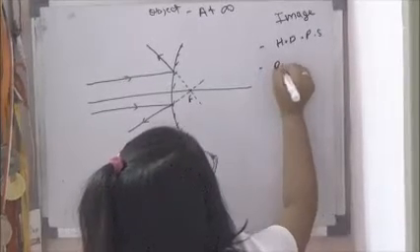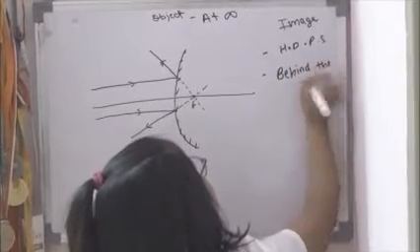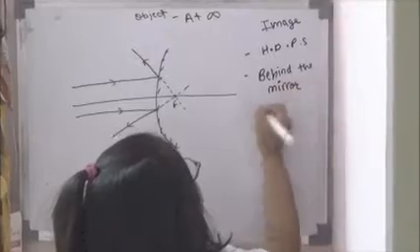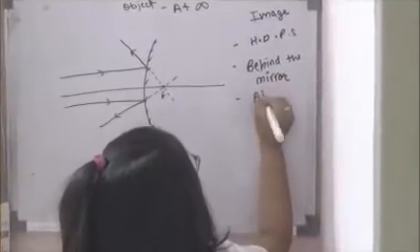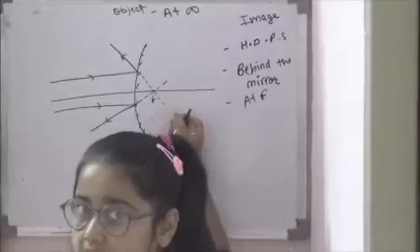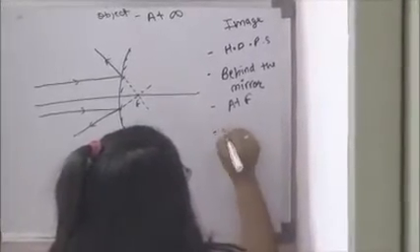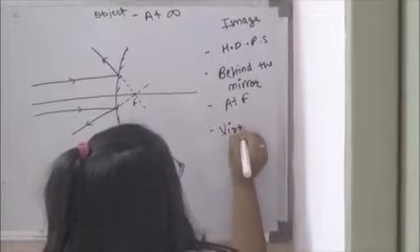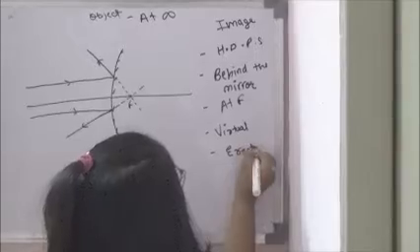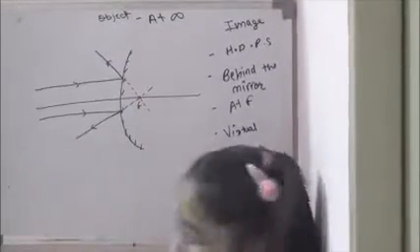The image is formed behind the mirror, and it is formed at the principal focus because at the principal focus the rays appear to meet. And at last, the image is virtual and erect. So this is when the object is placed at infinity.